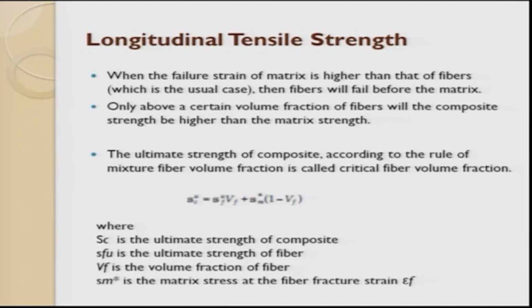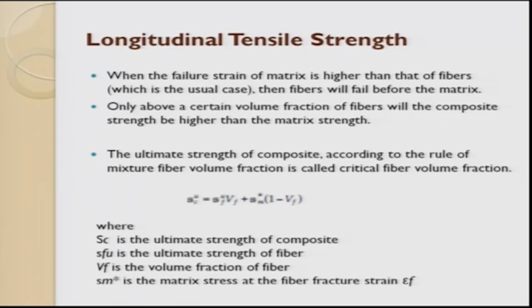So first what happens is the matrix tries to play a role of uniformly distributing the load onto a fiber. Then the fiber starts taking a load. Then the moment the fiber starts taking load, after some point of time the fiber fractures. Then it gets distributed. So it is not like a unique failure.